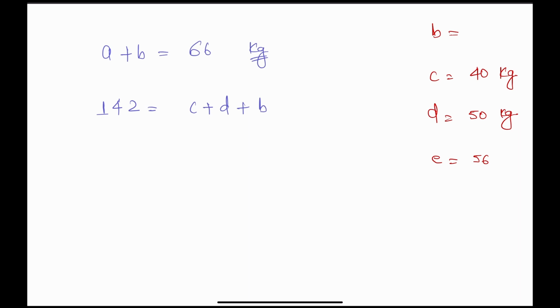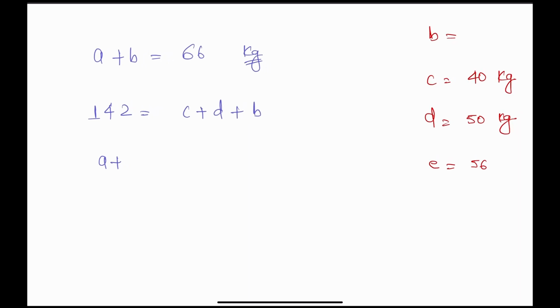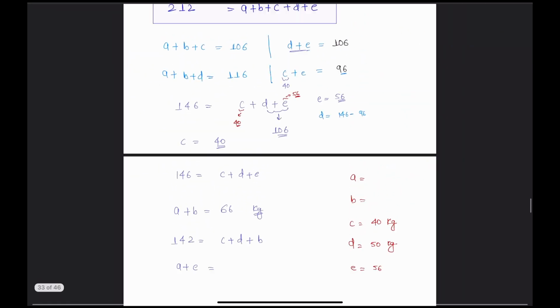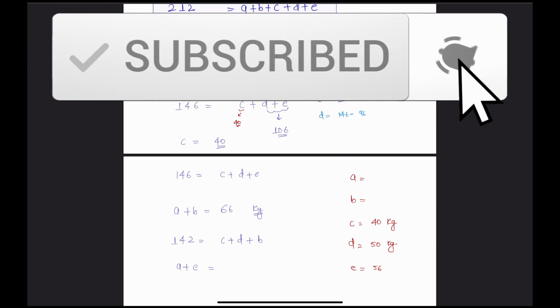So we can find the value of a plus what is missing over here? a plus e, right? Because check over here, c d b, all these three is 142. So a plus e is easy, we can solve.